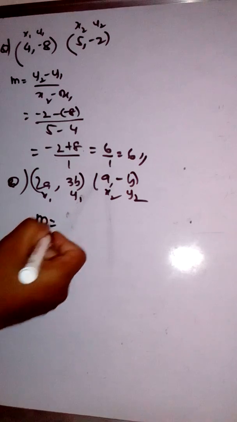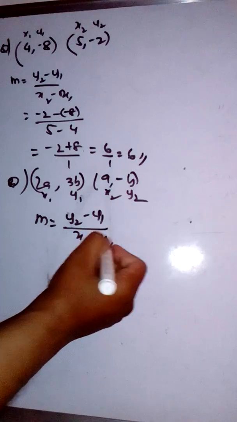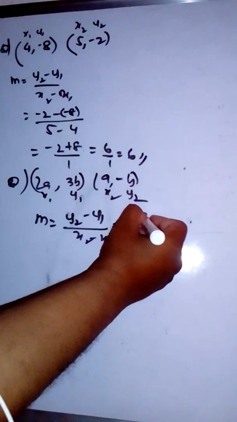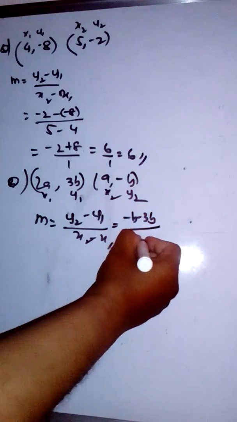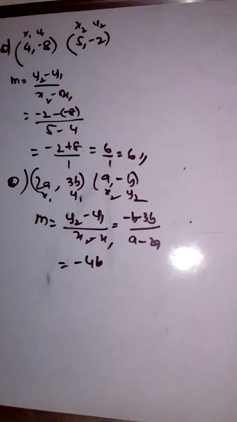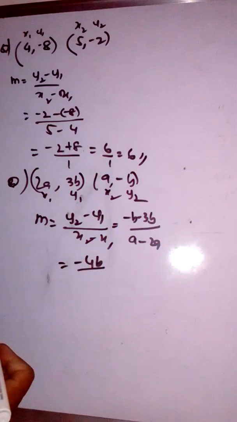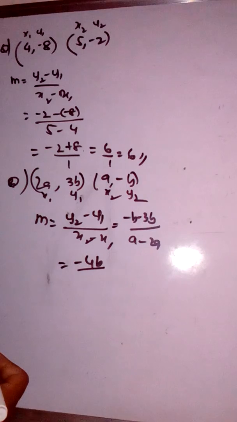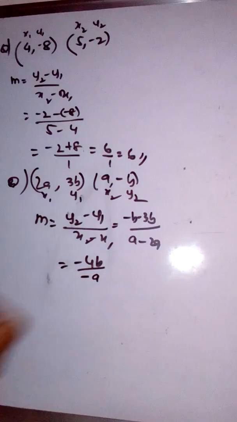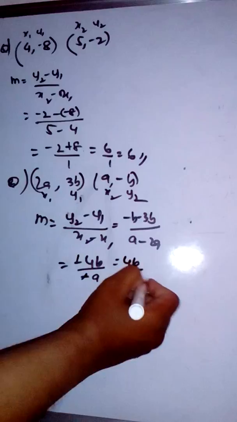So slope is equal to y2 minus y1 by x2 minus x1, that is equal to minus b minus 3b by a minus 2a, which is equal to minus 4b. Since they are of same sign, we have to add them and take the sign of the greater number, divided by a minus 2a. We have to subtract here because one is a positive sign, the other is a negative sign. So it will be minus a because 2 is greater. Minus minus gets cancelled, so it will be 4b by a.